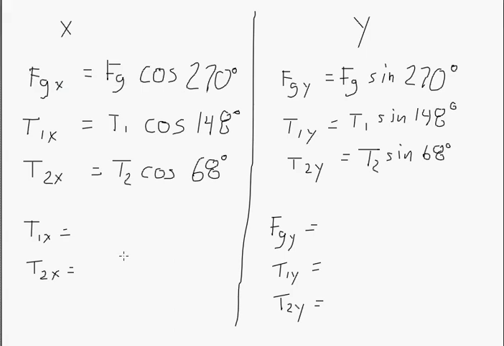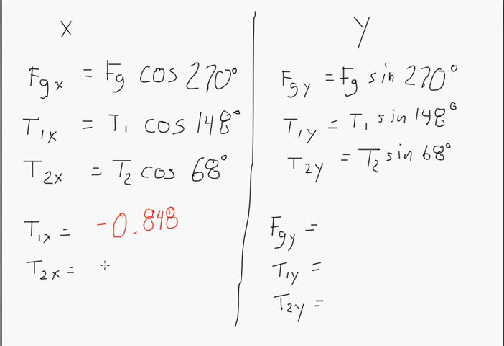Okay, so let's just plug this into our calculator. I'm going to just plug in cos 148, star, enter. This thing always drives me crazy. And you should get negative 0.848.